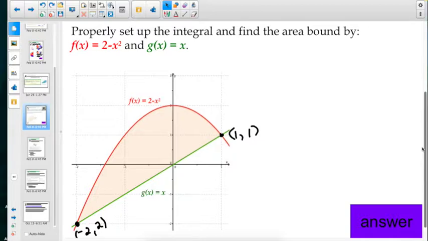What do we have to do? That's a fancy way of saying a system. In not such fancy terms, you do what with the two functions?